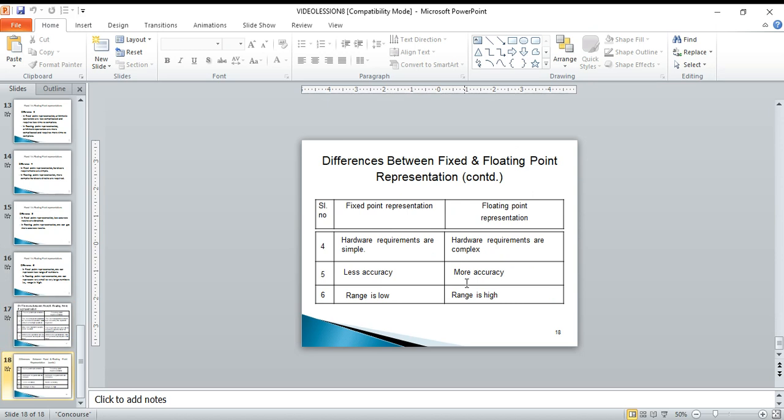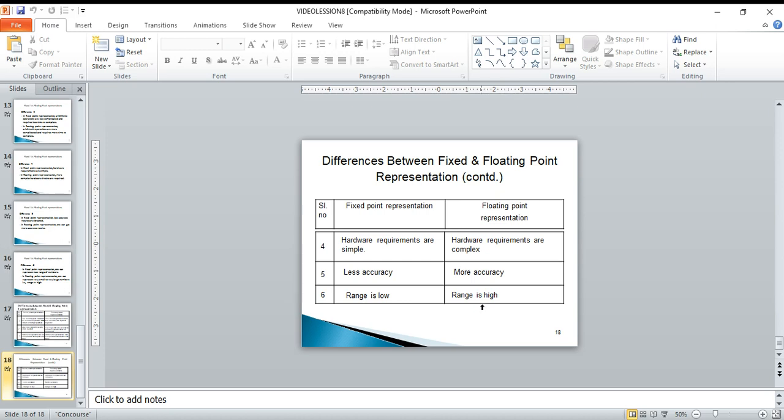Hardware requirements are simple in fixed point, and complex in floating point. Fixed point gives less accuracy about the results, while floating point gives more accurate results. And fixed point has a low range of numbers, while floating point represents very small numbers to very high numbers, so its range is high.